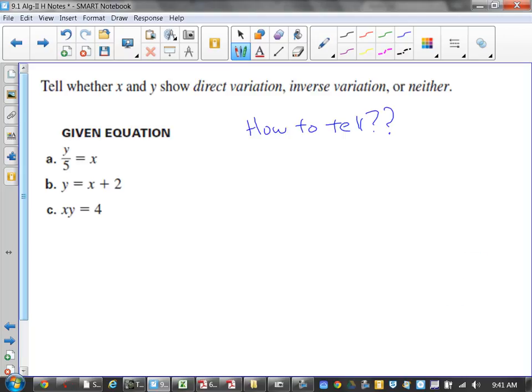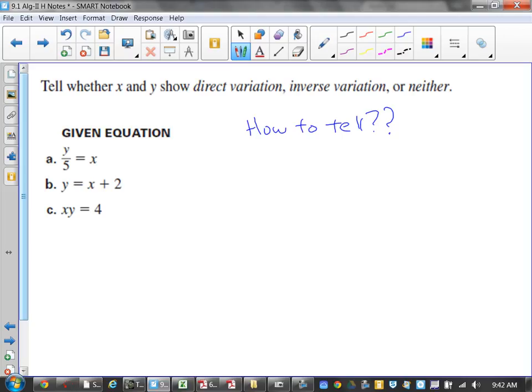So to tell whether these things are direct variation versus inverse variation, it's basically the same scenario. What you're always going to want to do is just get y by itself. When you solve any of these equations for y, you'll be able to tell whether there's a direct variation, where things are being multiplied, or an inverse variation, where things are being divided.